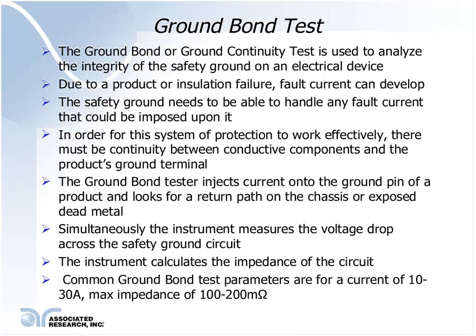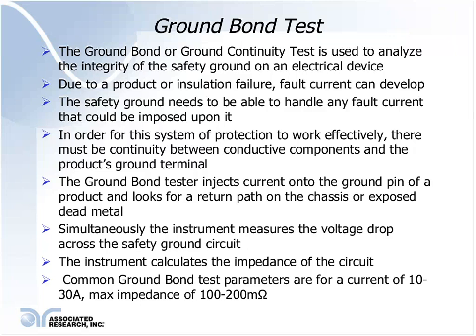Again, if you can recall from our previous webinars, ground bond or ground continuity test is used to analyze the integrity of the safety ground on an electrical device. The safety ground needs to be able to handle any fault current that could be imposed upon it due to a product or installation failure.